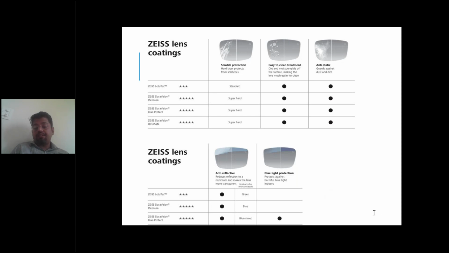So there is only that difference. Some companies only have blue block lenses which only block the harmful blue rays entering the eye, whereas some companies have both blue cut lenses and blue block lenses. Blue cut blocks all the blue light. Blue block only blocks the harmful blue lights.